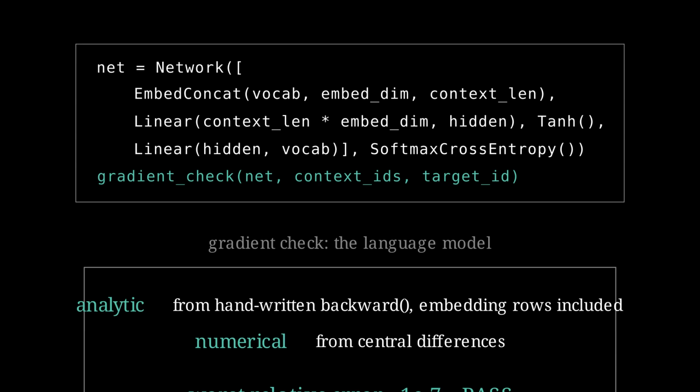Then it compares that numerical slope against the gradient our own backward pass produced. And they agree to about 1 part in 10 million. The embedding, the concatenation, the whole model, all of it, the green card, one last time. We did not trust a single gradient we could not verify.